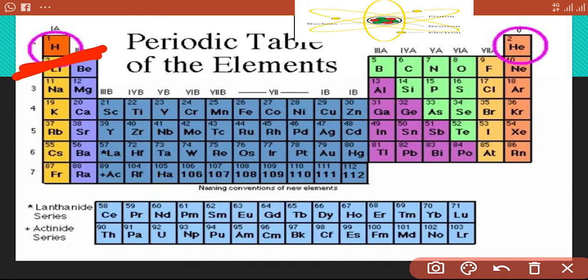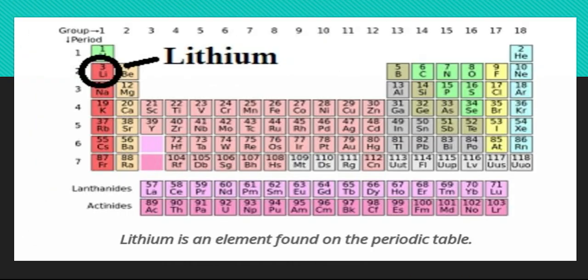The second element, helium, has 2 protons, and the third element, lithium, has 3 protons. This goes on all the way up to 118 elements. In every atom, protons and neutrons are about the same mass, but electrons are much lighter.